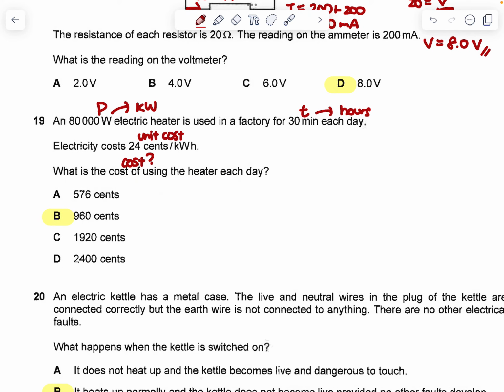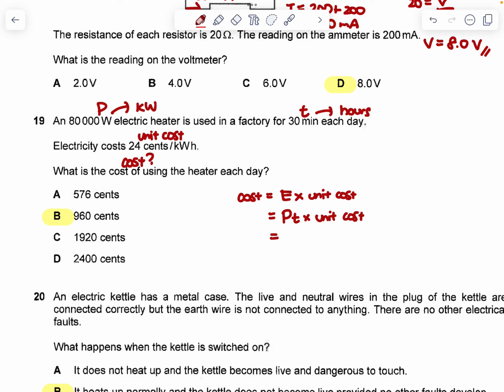Okay, so let's use the first formula. Cost is equals to energy times unit cost. And energy is equals to PT, so times unit cost. So let's sub in the values.